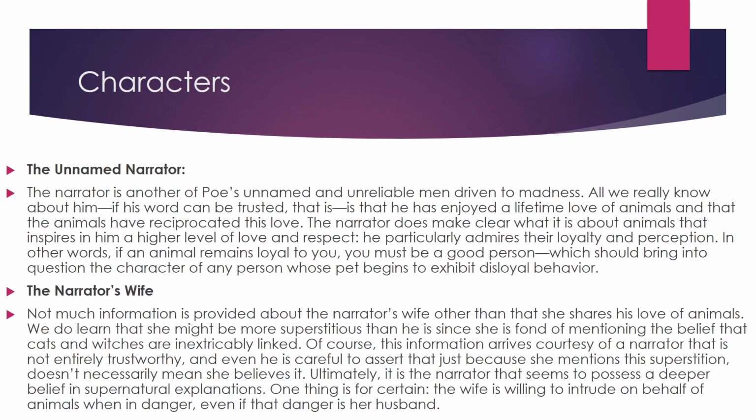The narrator does make clear what it is about animals that inspires in him a higher level of love and respect. He particularly admires their loyalty and perception. In other words, if an animal remains loyal to you, you must be a good person, which should bring into question the character of any person whose pet begins to exhibit disloyal behavior.